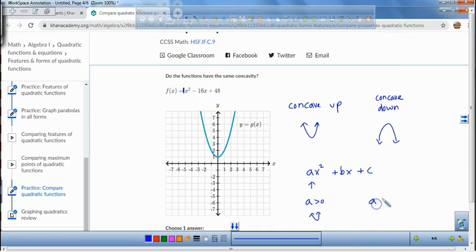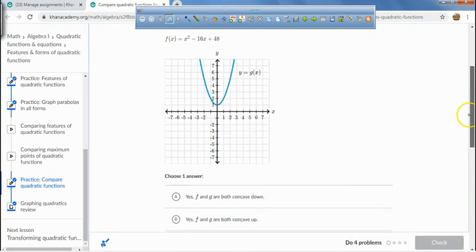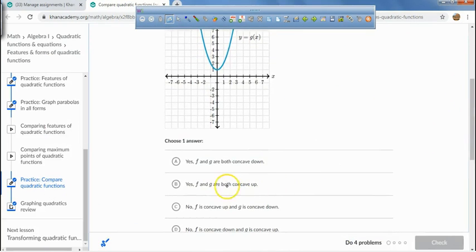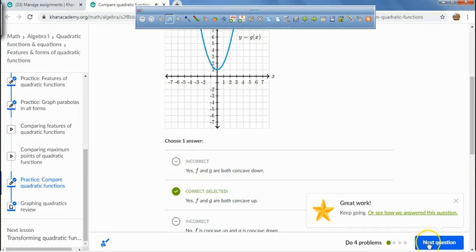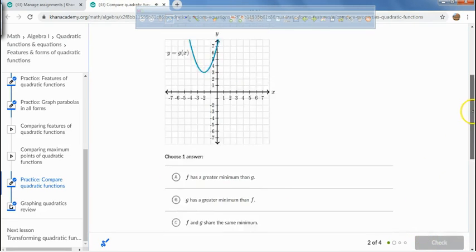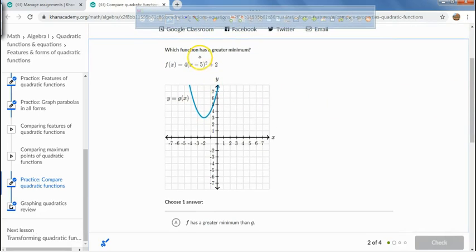But if the a value is less than 0, which means it's negative, it opens down. And that's why we're going to say they both are concave up. There we go. They're both concave up. Click it.